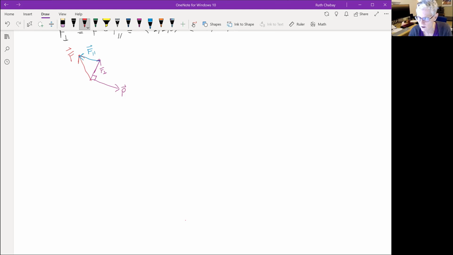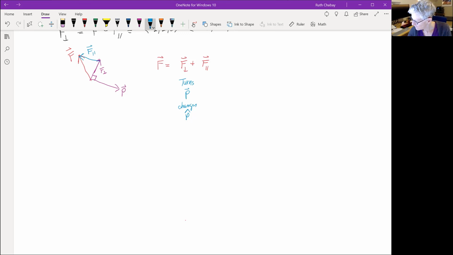So then we can write F equals F perpendicular plus F parallel. Okay, and we know that this one turns the momentum, but it doesn't change its magnitude. So what it really does is it changes P hat.